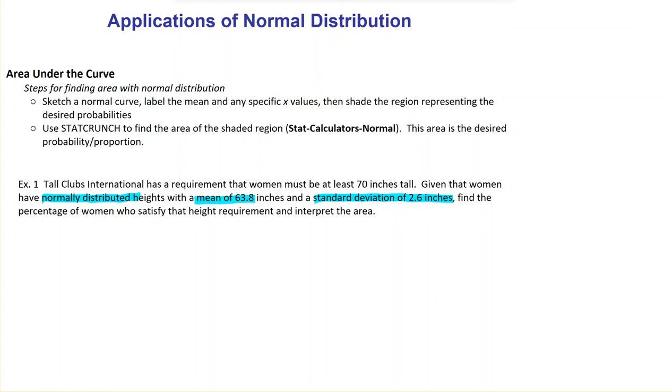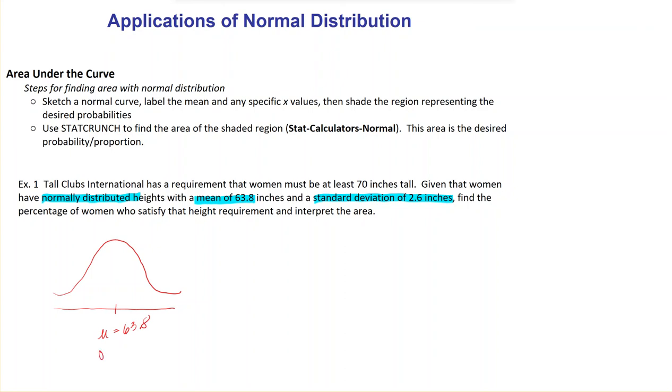So because I know that this has a normal distribution, I'm going to go ahead and sketch my normal curve because I want to be able to reinforce this on my calculator. Normal curve here. We know that in the center of that normal curve is going to be the mean, which in this case is equal to 63.8.